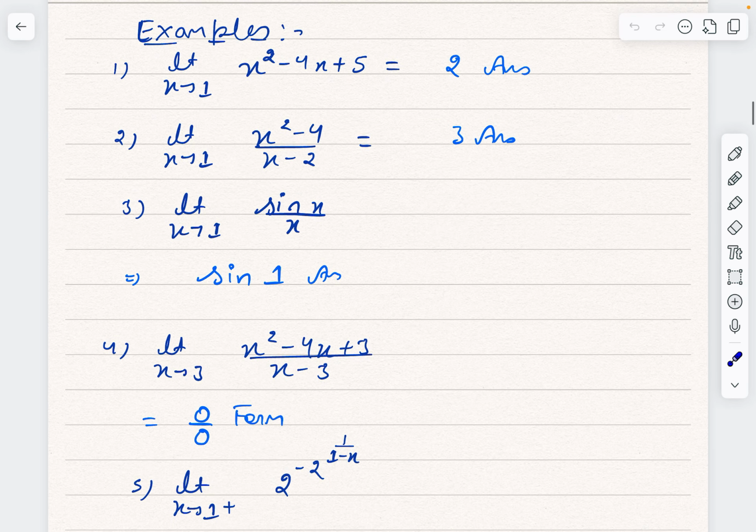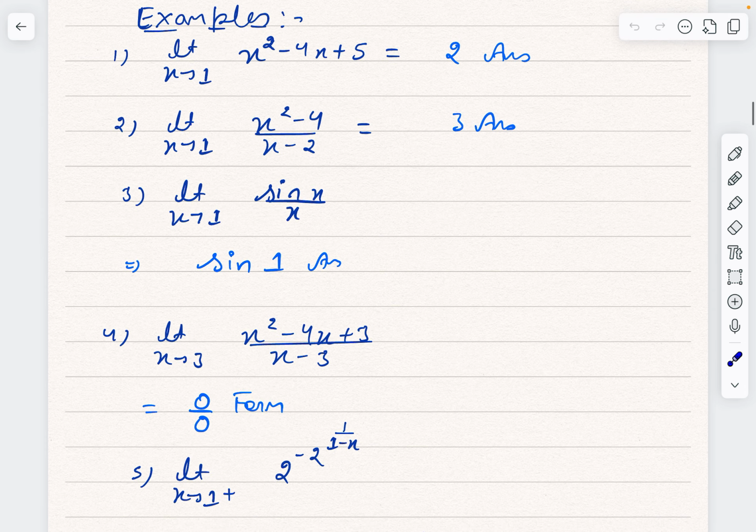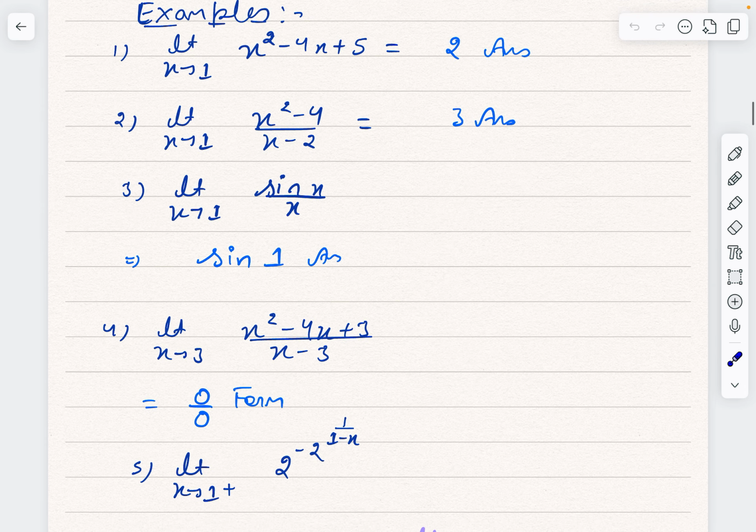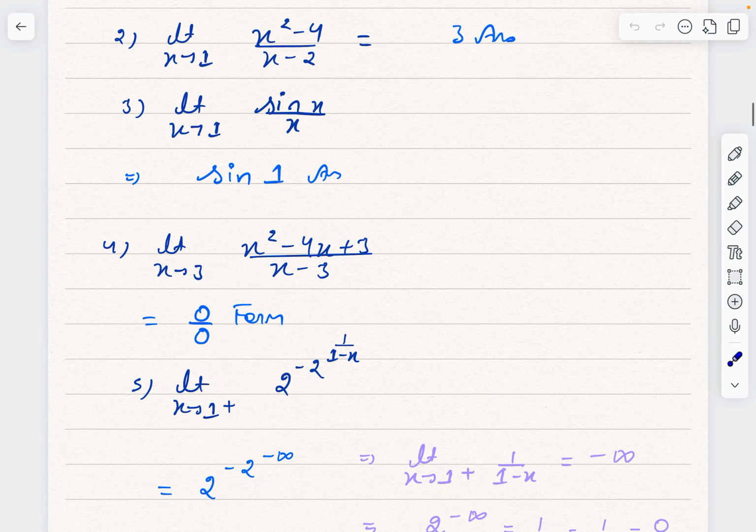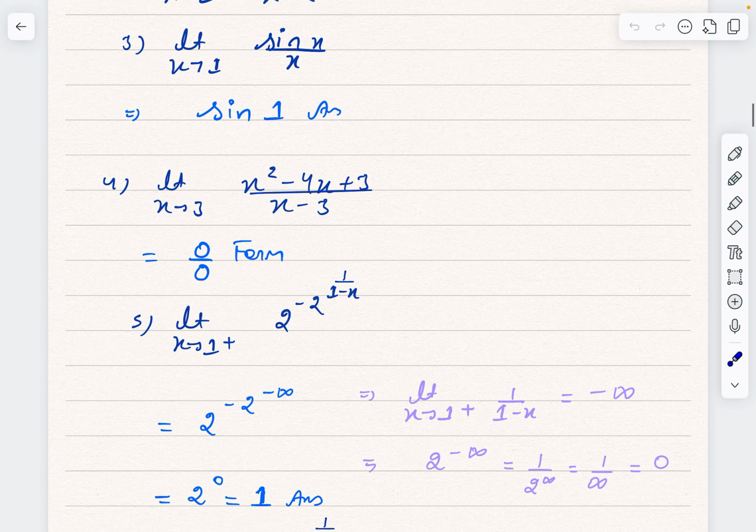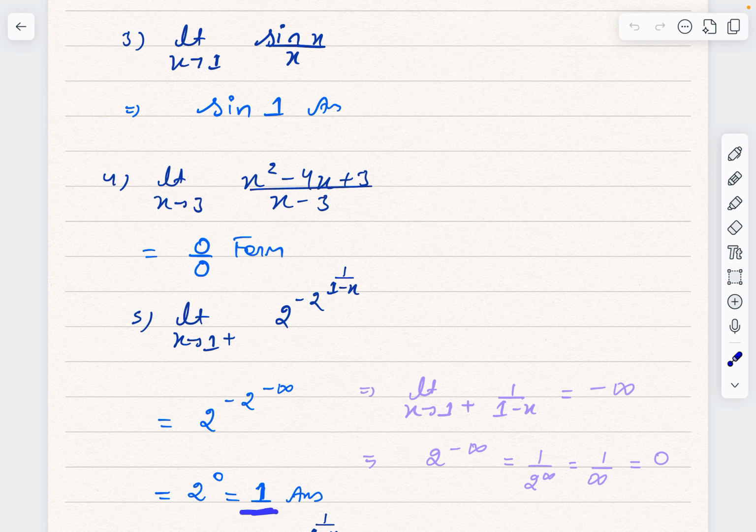Okay, now try this thing. Limit x tend to 1 positive of 2 power minus of 2 power 1 by 1 minus x. Okay, see guys, what do you get here? The answer here will be 1. How do you get that? We have x tend to 1 positive.